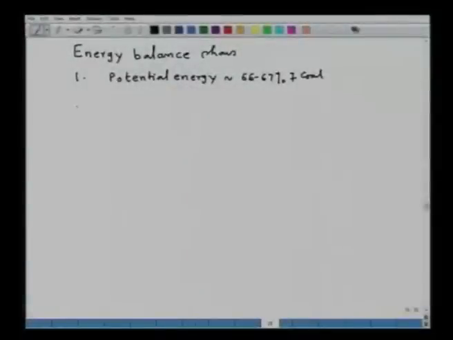Second, you have potential energy in coke oven gas. And this energy also corresponds to 21%.